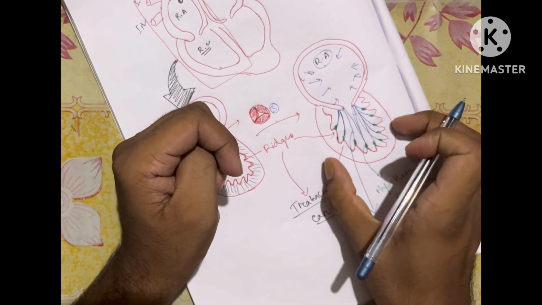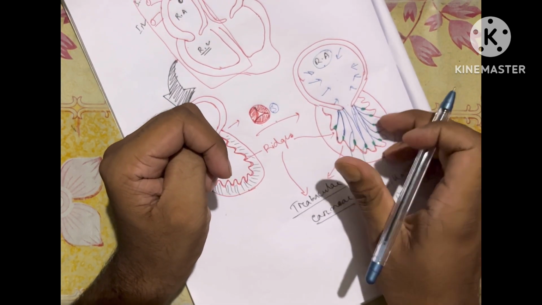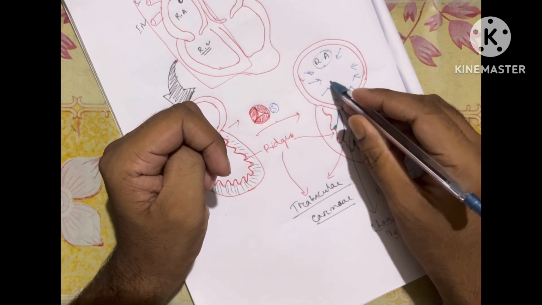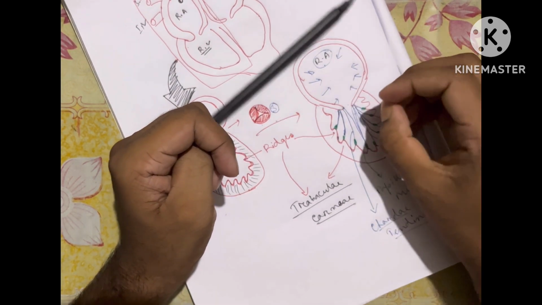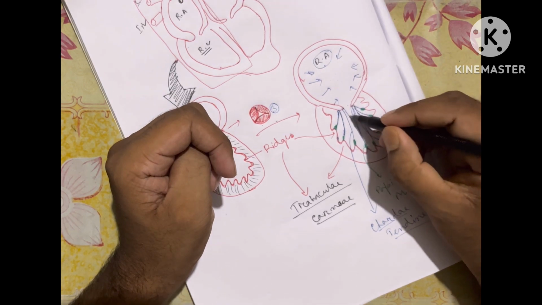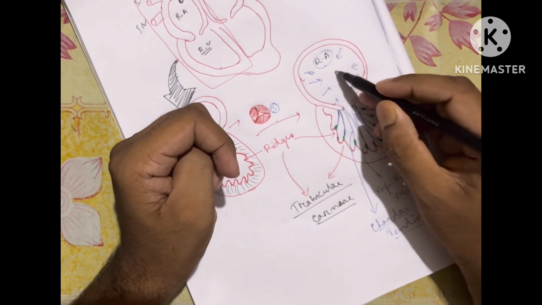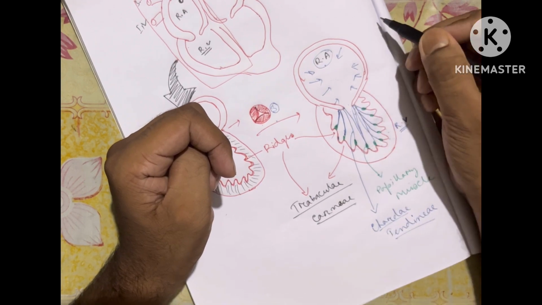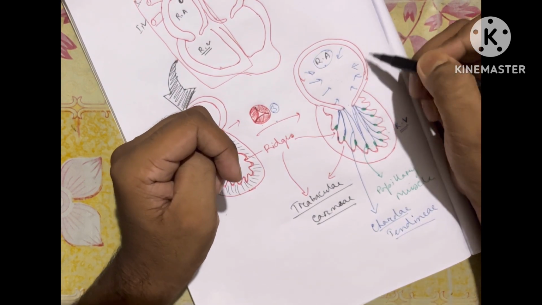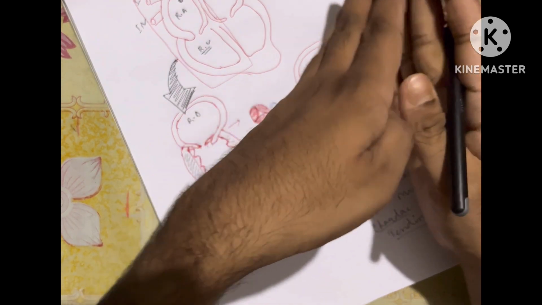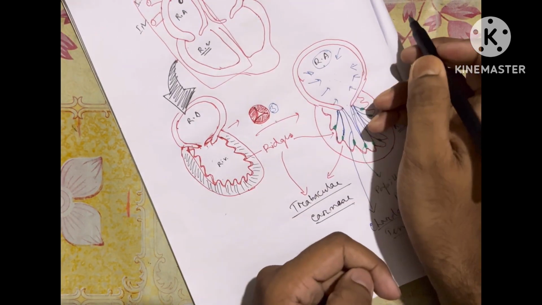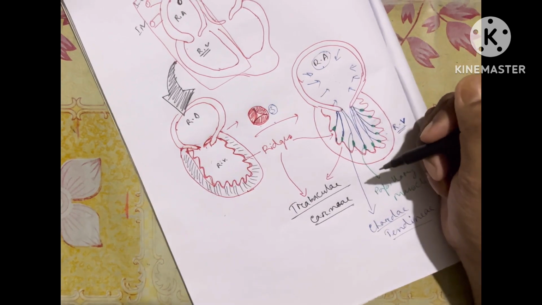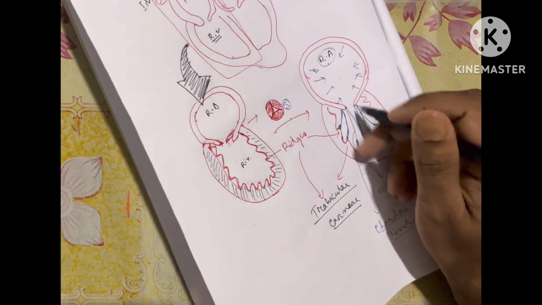The problem arises when the right ventricle contracts. When the right ventricle contracts, that blood should not go back to the right atrium. That blood is supposed to go through the pulmonary artery, which divides into the right and left pulmonary arteries and goes to both the lungs. This should be the mechanism.